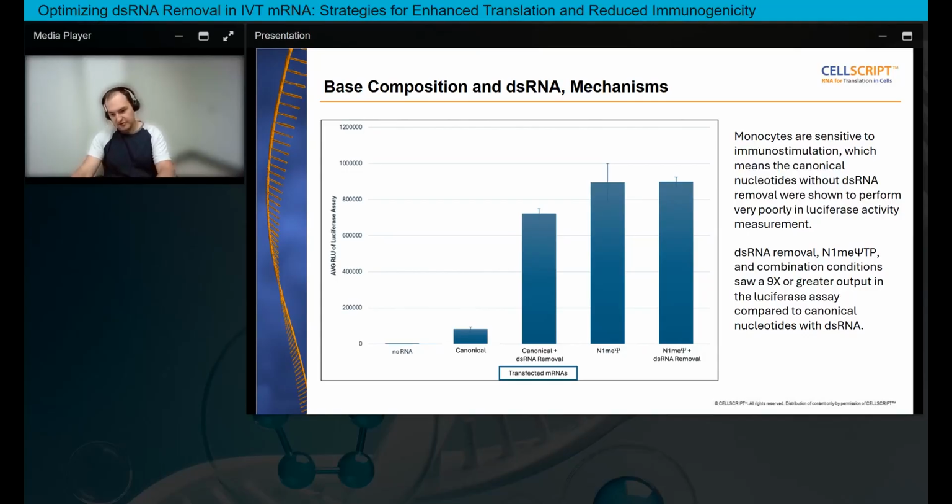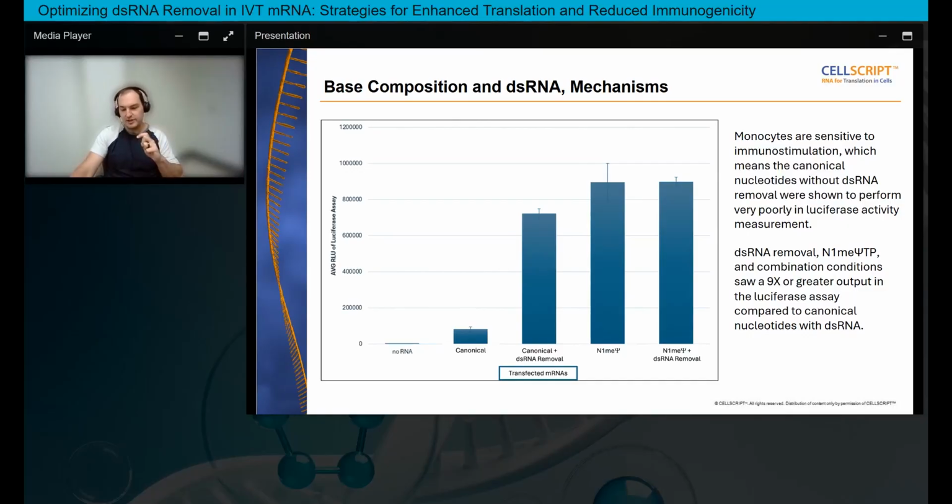Take it a little step further, you can either add N1-methyl pseudo UTP in place of UTP, or combine N1-methyl pseudo with double-stranded RNA removal, which both sort of maxed out the luciferase assay. The one good part about combining both protocols together from a strictly luciferase assay perspective was the fact that it had a much more narrow standard deviation, which was nice.